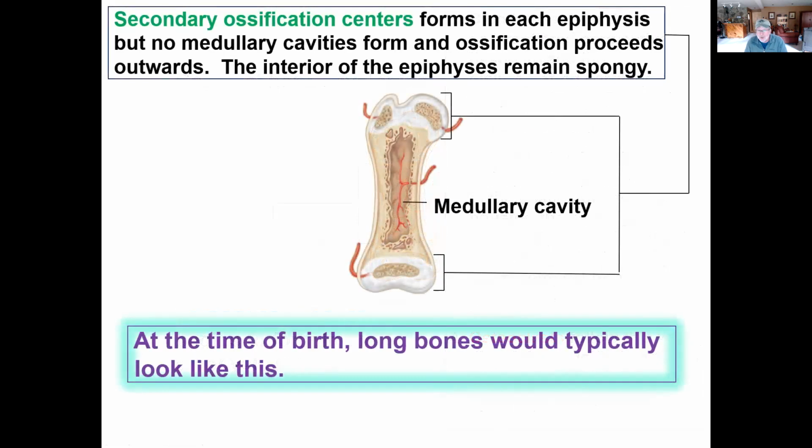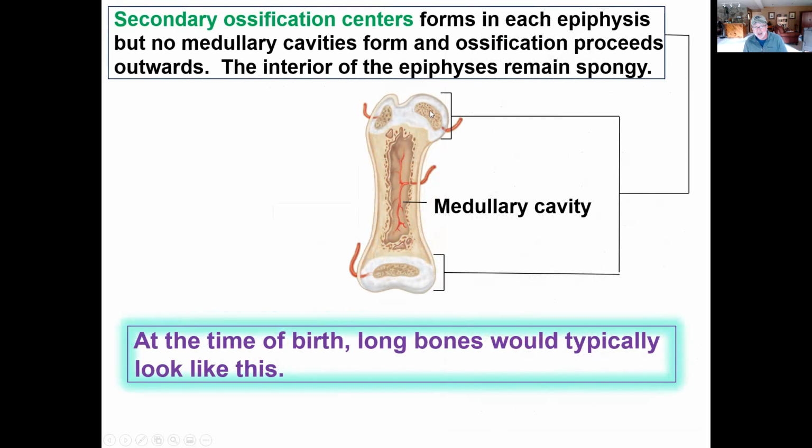Now, I hope you know what I'm going to tell you next, and that is in the epiphyses, those chondrocytes are going to die. We're going to have invasion of blood vessels that will carry osteoblasts that will now begin to produce bony matrix, just like they did earlier in the central part, in the medullary cavity region.